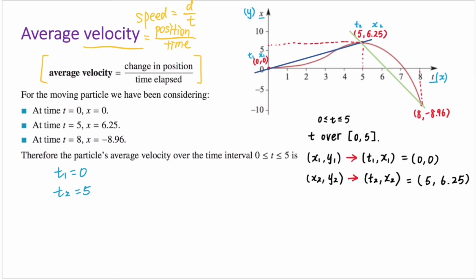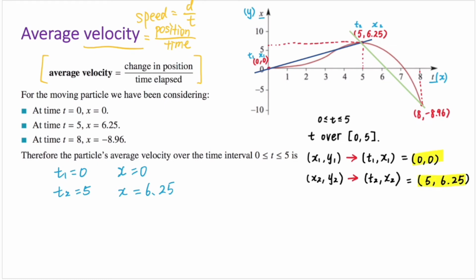And this should remind you of the x1 and x2 values we used to take. So when t is equal to 0, what's the corresponding position? What's the corresponding x value? We know that at time equal to 0, the position is 0. And when time is equal to 5, the position is 6.25. So we essentially have our two ordered pairs given to us in the question.